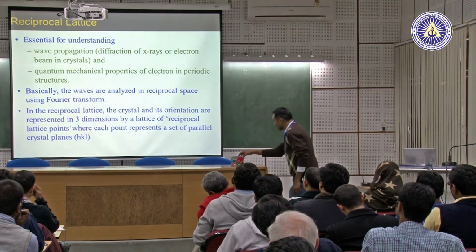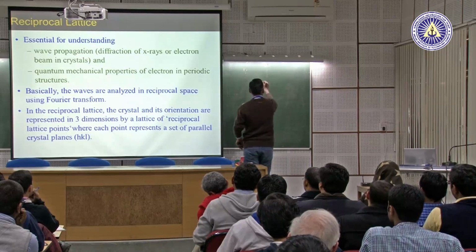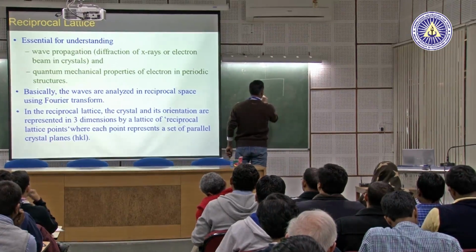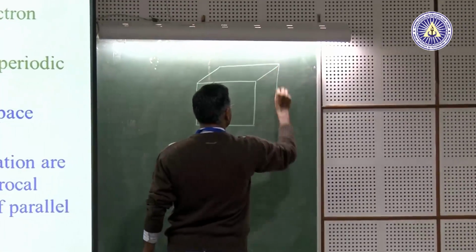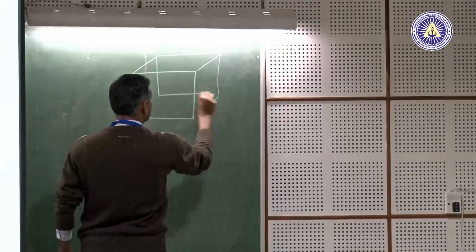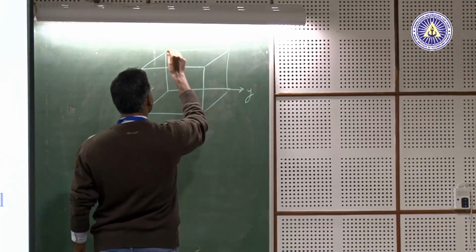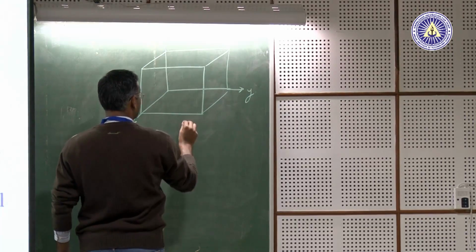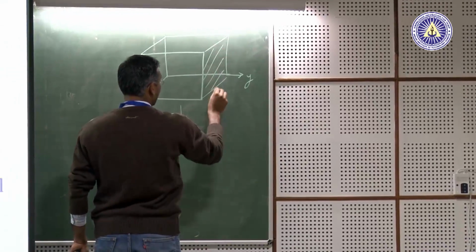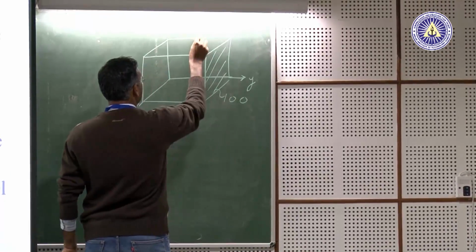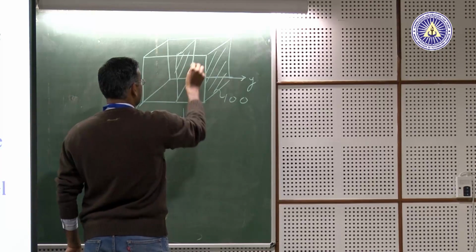So for instance, if you draw a real lattice here, so this is your real lattice, and in this case, for example, you know that this is the 100 plane, this is the 200 plane, and so on and so forth.